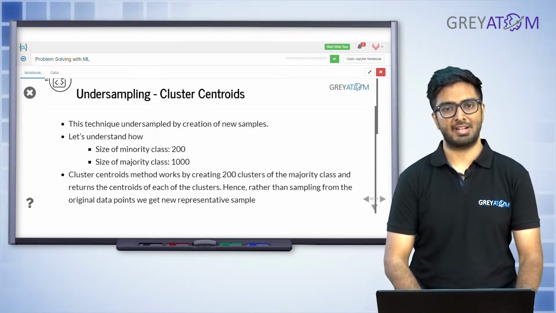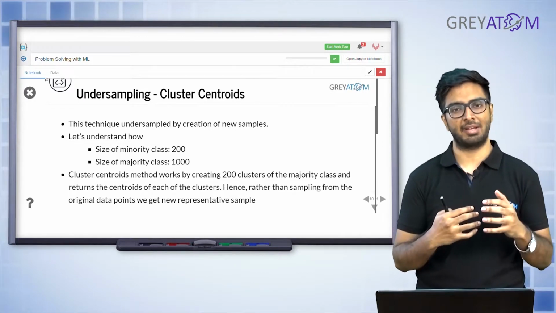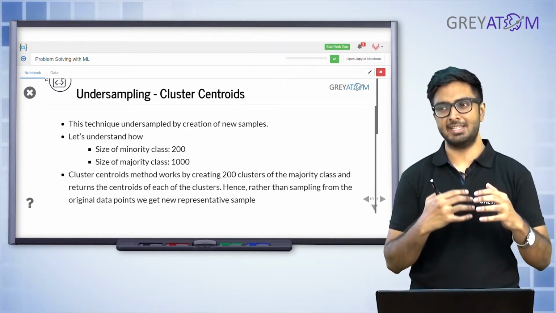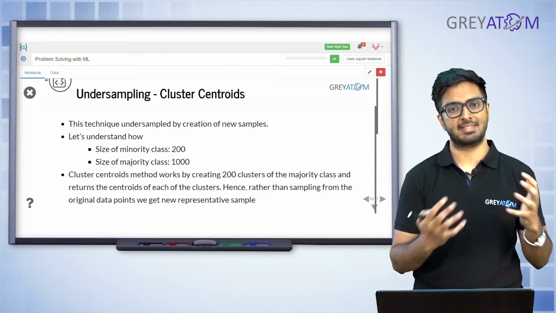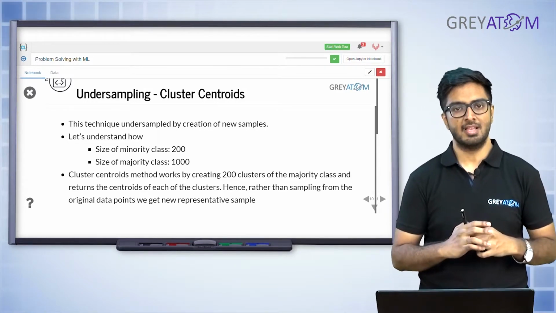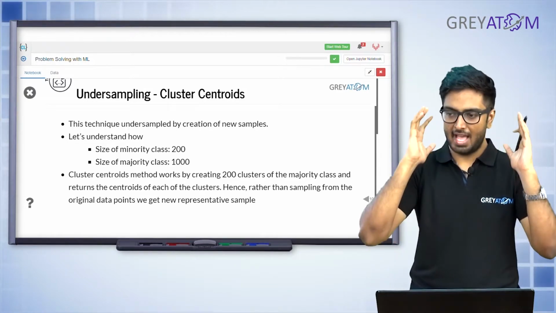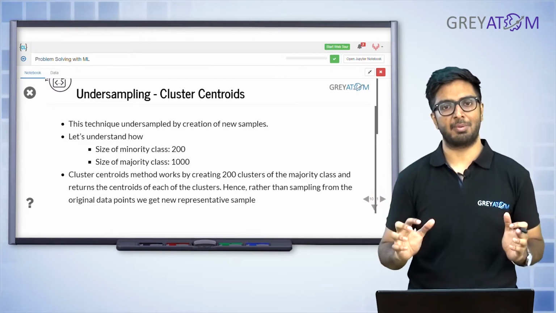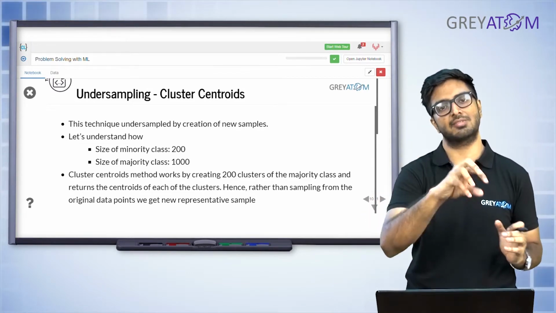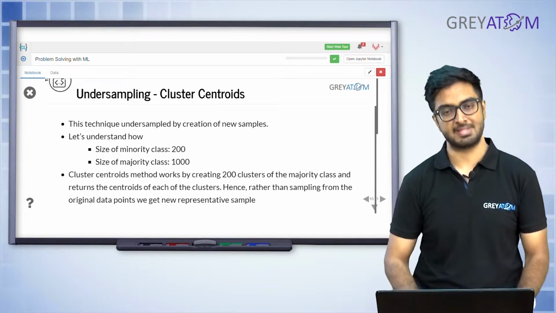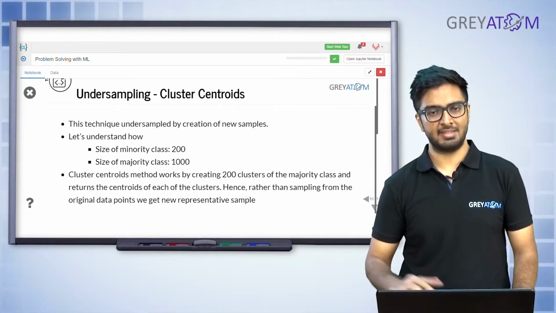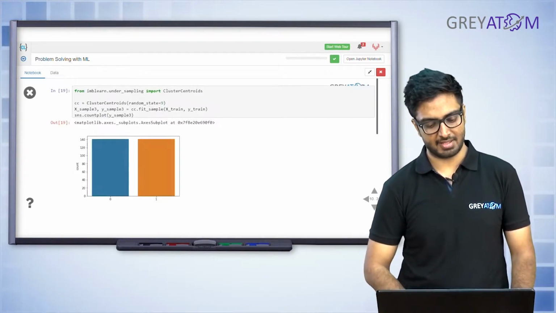That's the concept: we stack the minority class with as many unique examples as possible. You split the majority class into multiple unique parts and take a representative sample, the mean in this case, from each.